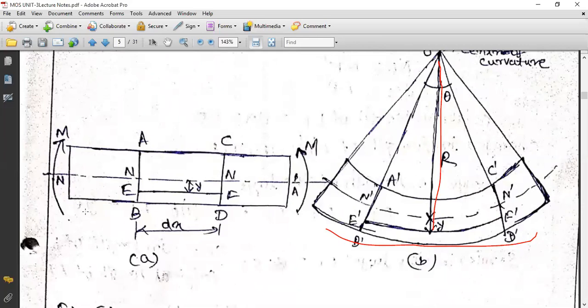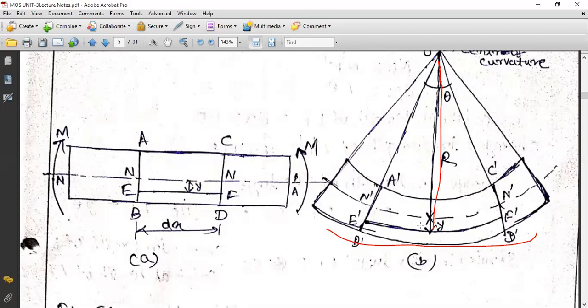So the new portion of AB becomes A dash B dash, the new portion of CD becomes C dash D dash, and NN dash is the neutral layer. The EF becomes E dash F dash.